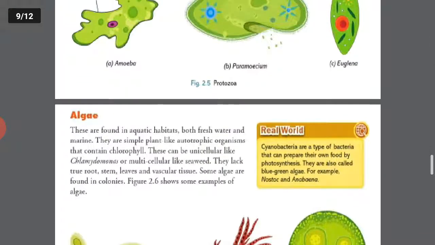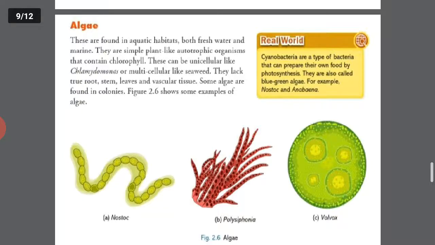Let's move further. Algae. Algae is the next type of microorganism. They are found in aquatic habitats, both freshwater and marine. They are simple plant-like autotrophic organisms that contain chlorophyll.